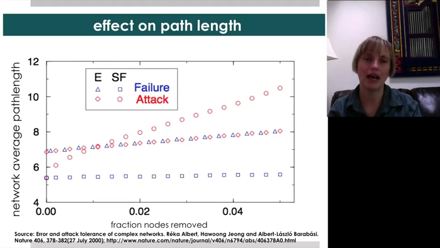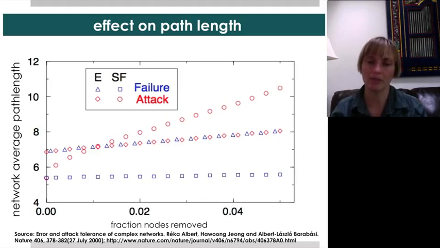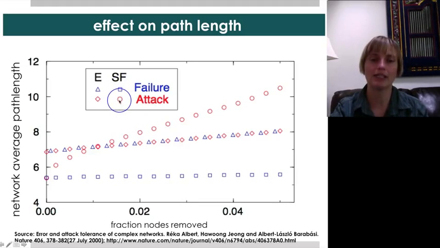Besides just looking at the size of the giant component, what we also mentioned matters is how many hops it is from one node to any other. What we see for the scale-free network is that if you have random failure, there's almost no effect on the average shortest path, which is good. However, the story is quite different for purposeful attack.